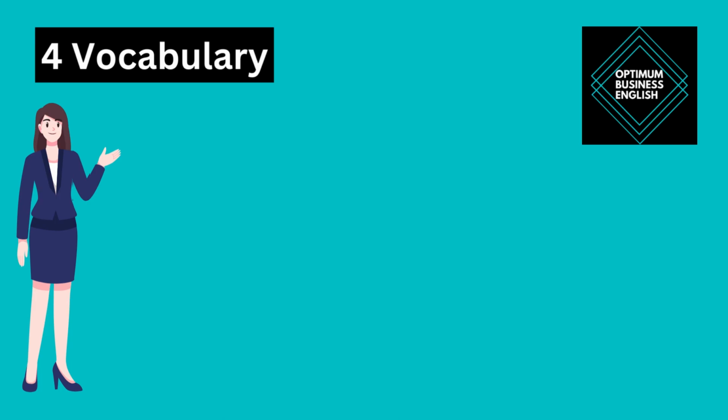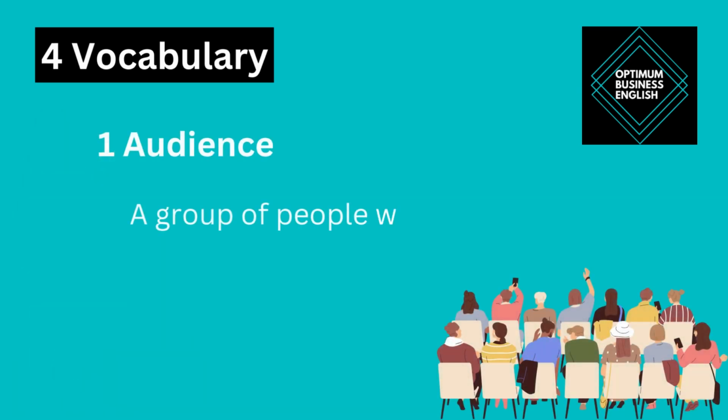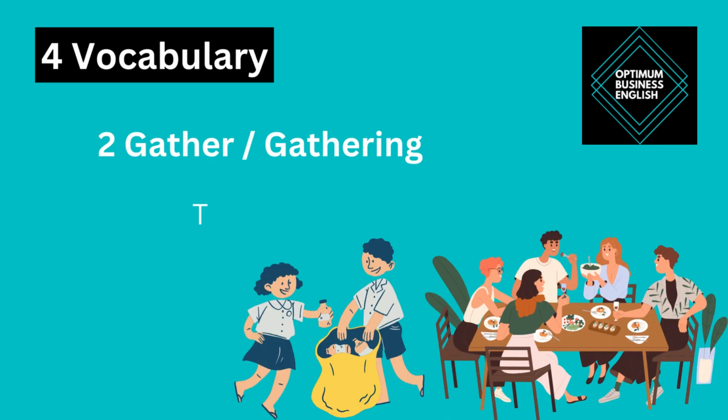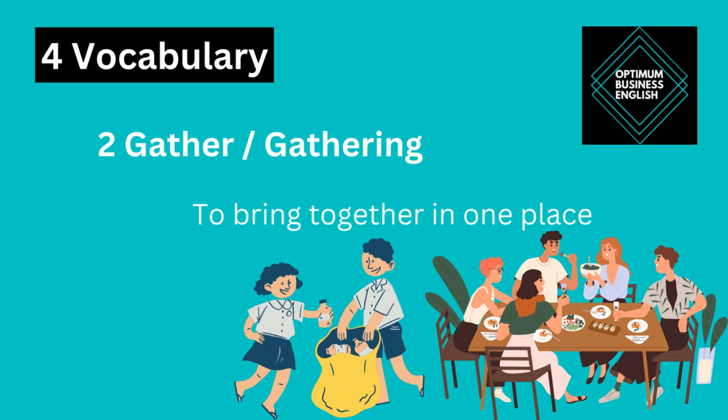Finally, let us take a quick look at some of the business English vocabulary used in this video. An audience is a group of people who have gathered to watch or to listen to something or someone. Whilst gather means to bring together in one place, and when people gather together, it is called a gathering.